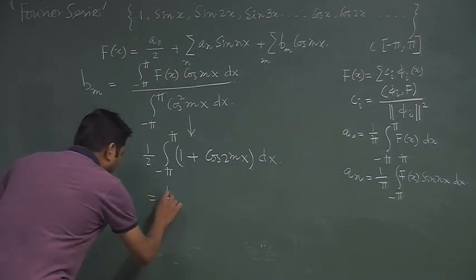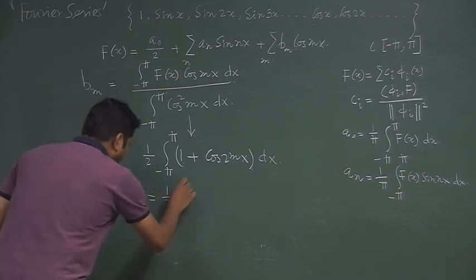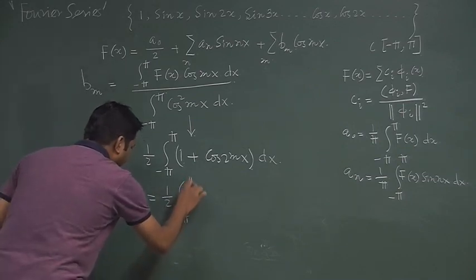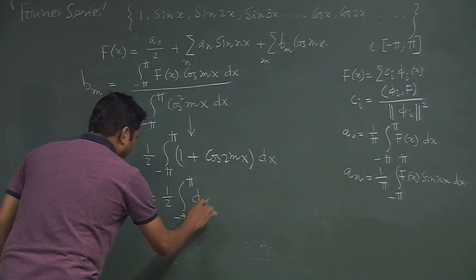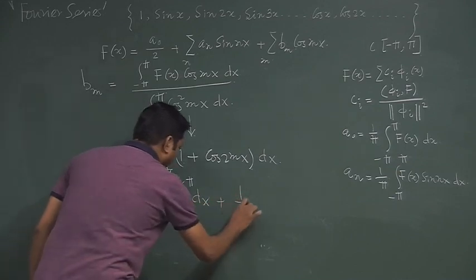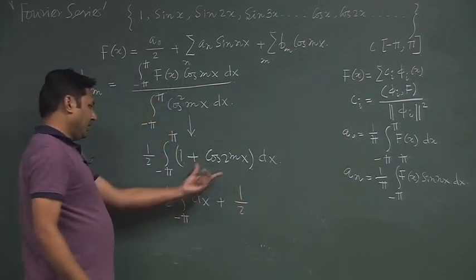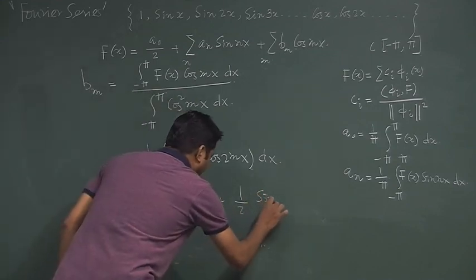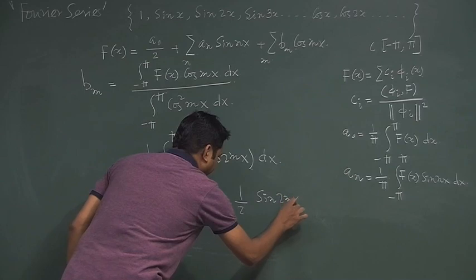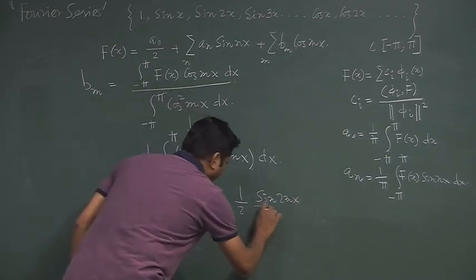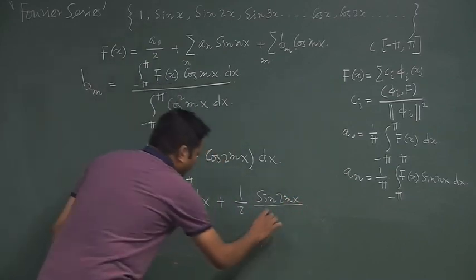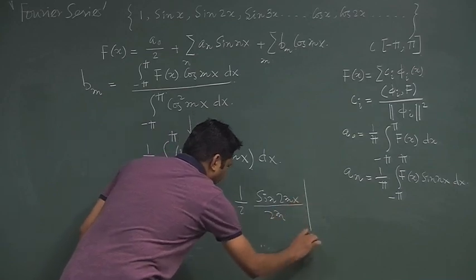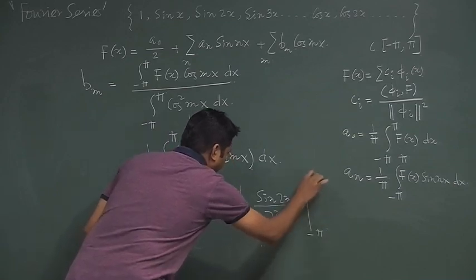Again the same procedure: half integration from minus pi to pi of dx plus half of the integration of cos, which is sine of 2mx divided by 2m with the limits minus pi to pi.